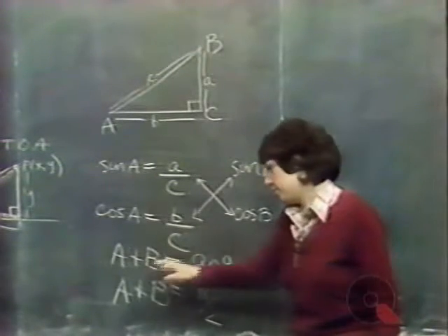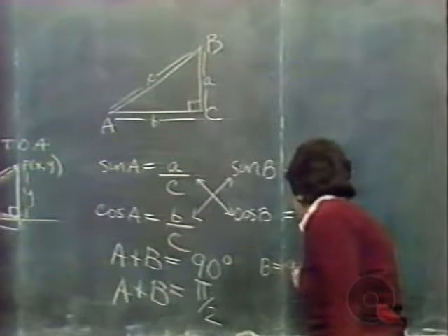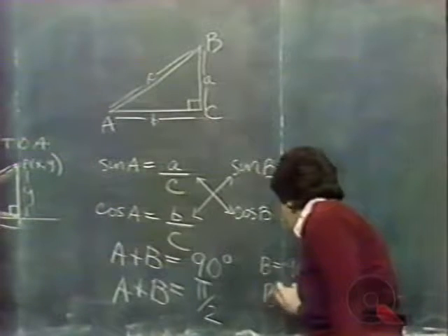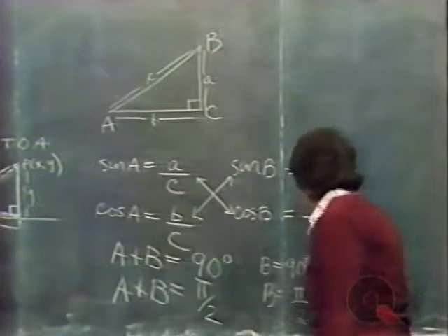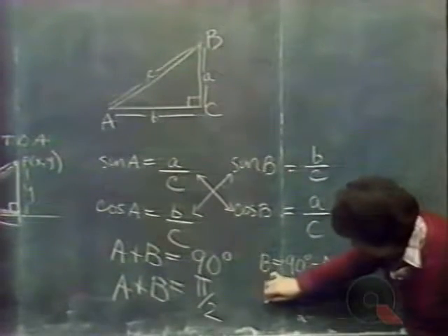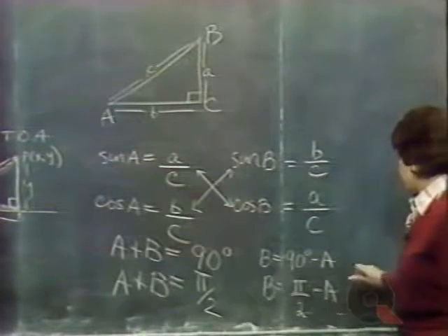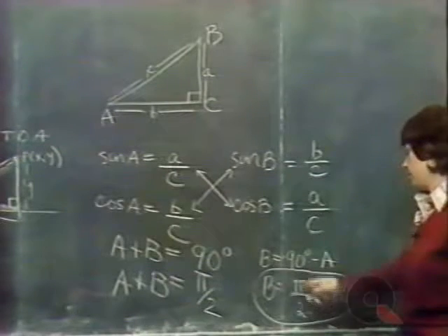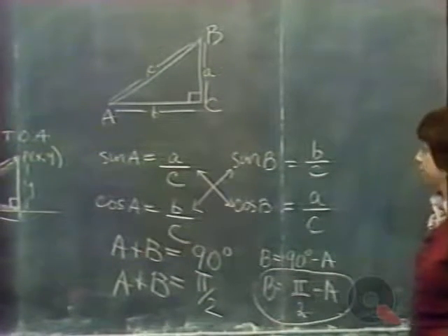You see, if A plus B is 90 degrees, that means B is 90 degrees minus A, or B is pi over 2 minus A. It doesn't really matter at this point which one you use, but if you do go on to study calculus, you'll find that you will have to use radian measure in your calculus courses. So because of this, let me use this for the time being, but it means the same thing. Angle B is pi over 2 minus angle A.